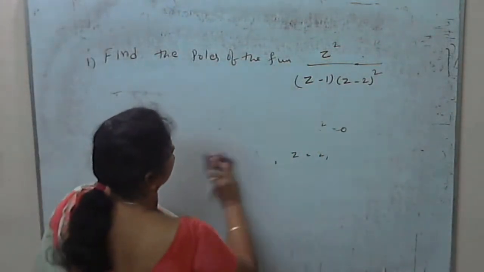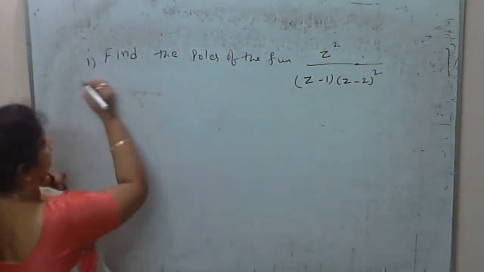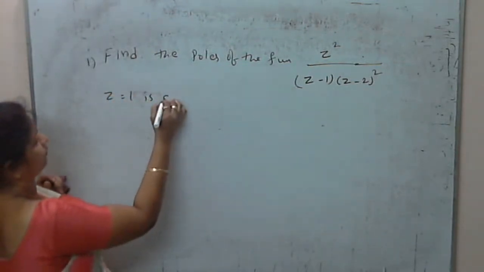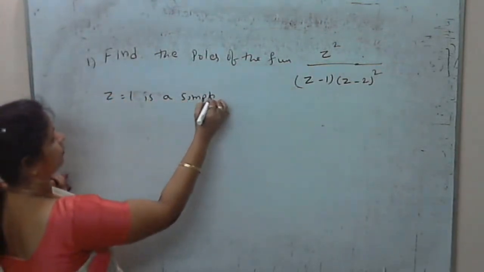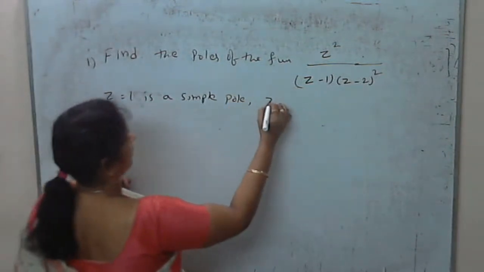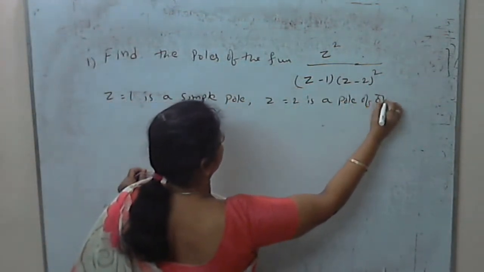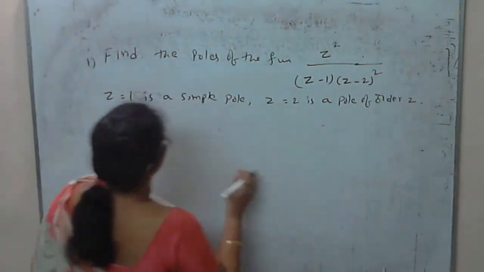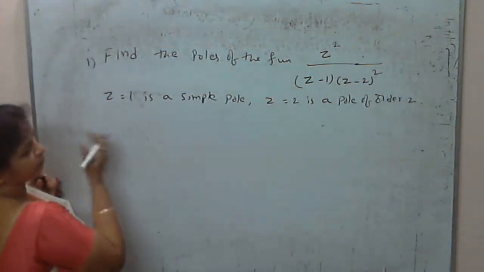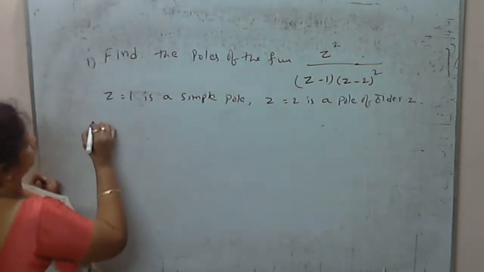So, z equal to 1 is a simple pole, z equal to 2 is a pole of order 2. If z equal to 1 is a simple pole, then what is the formula for residue?